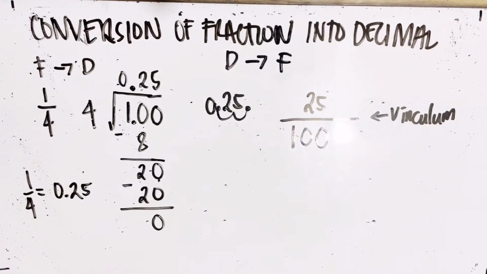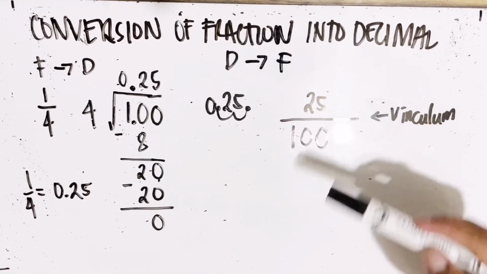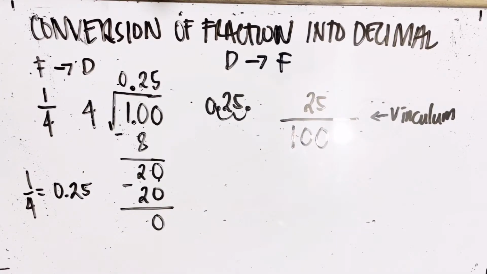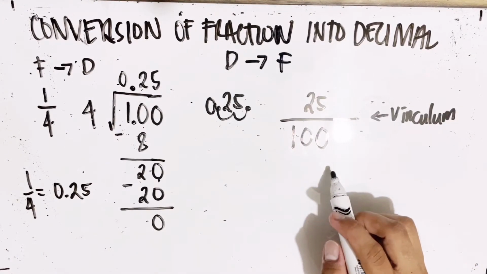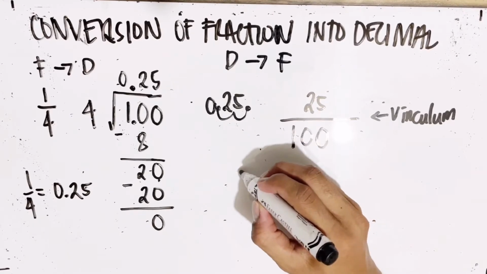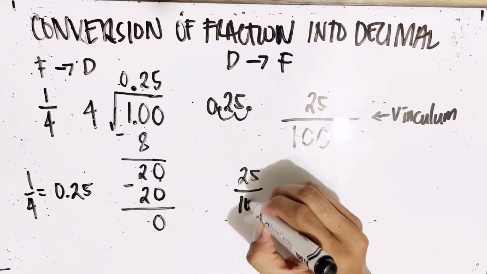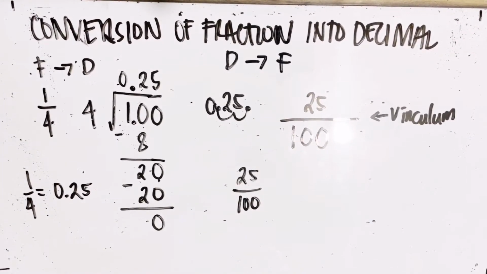If the fraction is still reducible, write the reduced form of that fraction. So 25 over 100 is reducible. So we will get the common factor or the common divisor of both numerator and denominator.